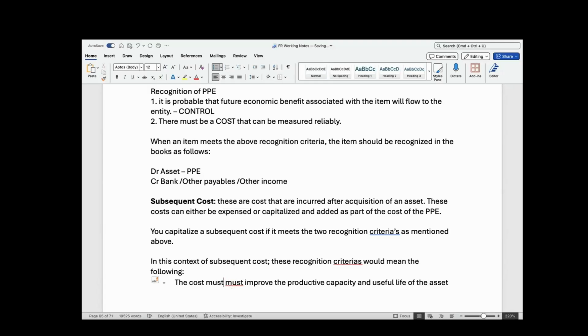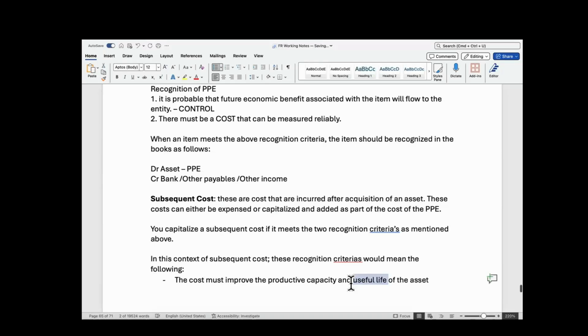So when we say this cost must be able to generate future economic benefit, it means that the subsequent cost you have incurred must be able to improve the productive capacity of the asset, and it must also be able to improve the useful life of the asset.